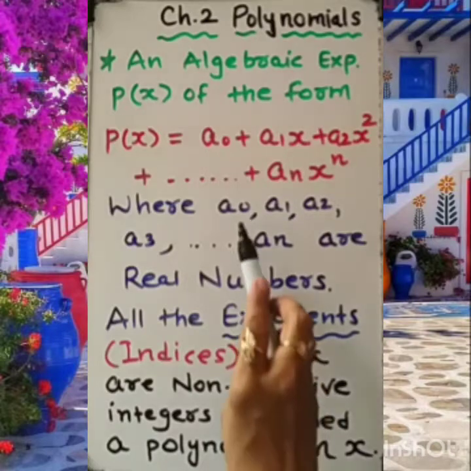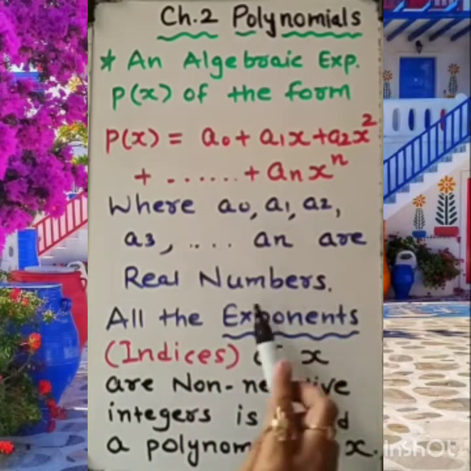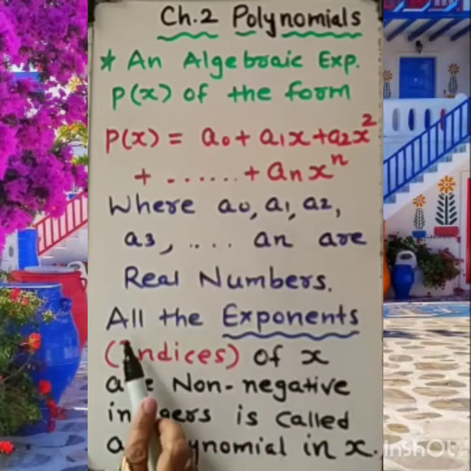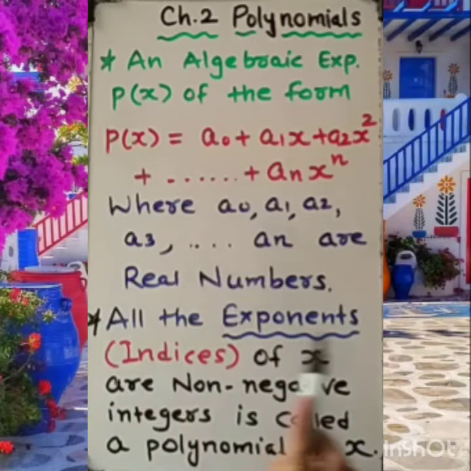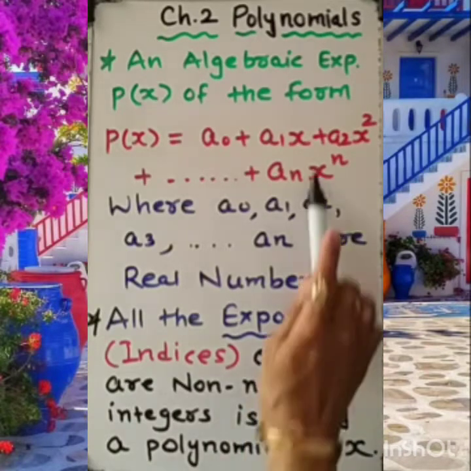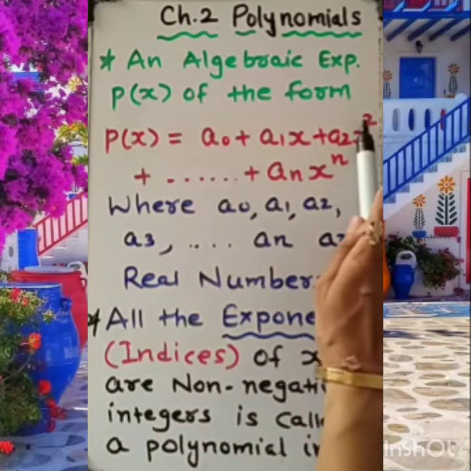We know that a0, a1, a2, a3, up to an, they all are real numbers. And of course, another thing: all the exponents or indices of x, meaning the powers, are non-negative integers, meaning here no negative is allowed.